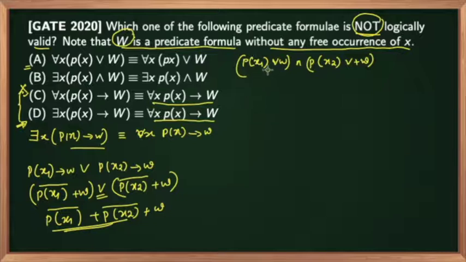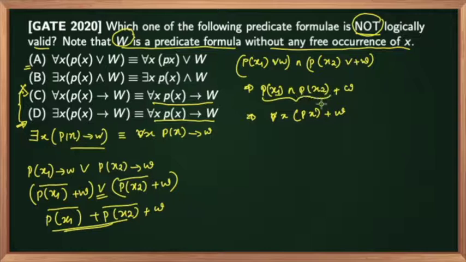If you have two variables x1 and x2, right? So that should be equal to P of x1 into P of x2, right? Plus W. For all x, P of x or W, right? This is for all x, right?